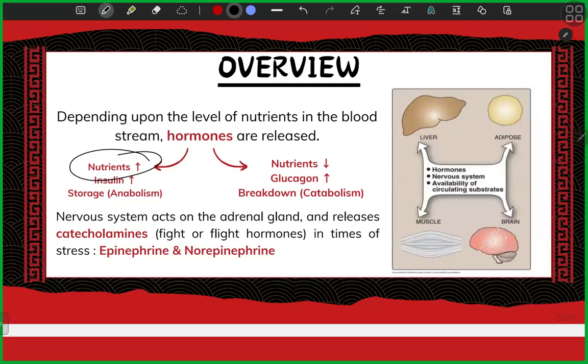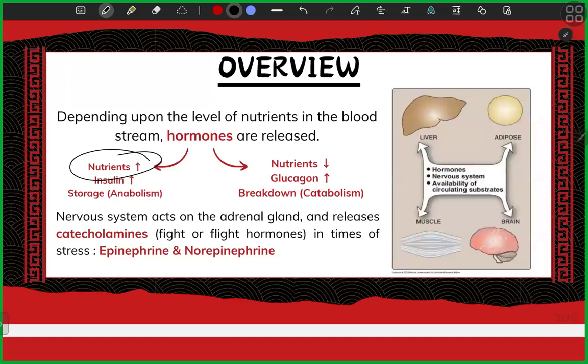So it's basically for storage or anabolism. And if our nutrients decrease or we're fasting, our glucagon increases so that our glucose increases because we have no other source of glucose. So it causes breakdown or catabolism. Catabolism basically is like cut, same thing. So catabolism cuts down the sources of glucose to give us glucose.